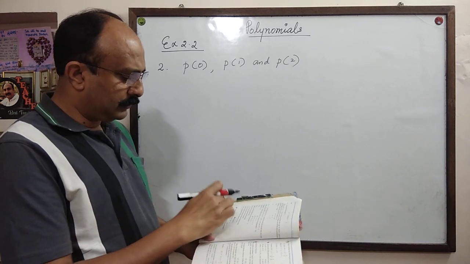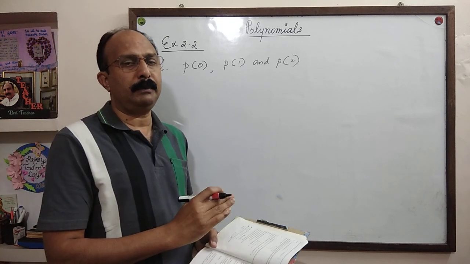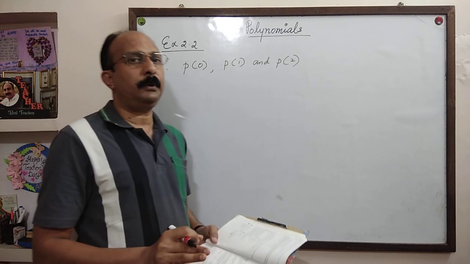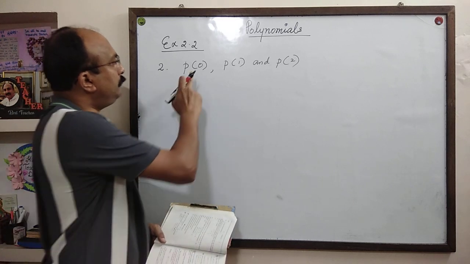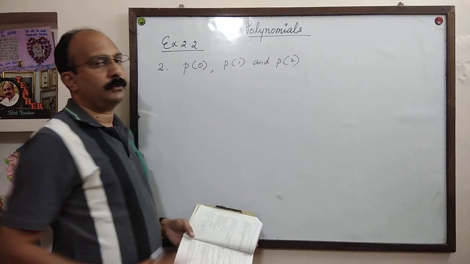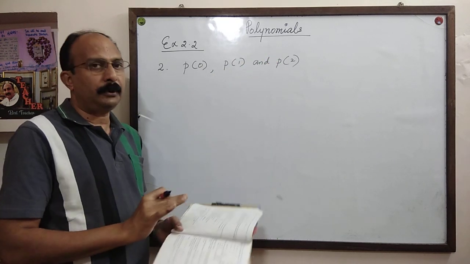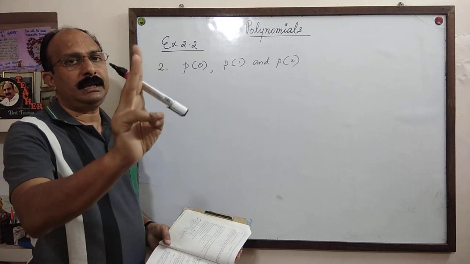You are given 4 polynomials below. For each of these polynomials, you have to find p of 0, p of 1 and p of 2. So for each polynomial, you will get 3 answers.